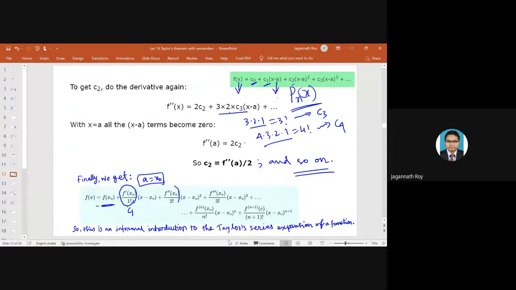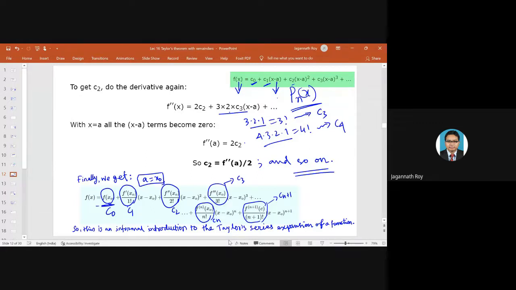Then this is the value of c2, and this is c3, and finally we will have cn and c(n+1). So we are taking n plus 1. I think we can extend this also, but we'll stop here.